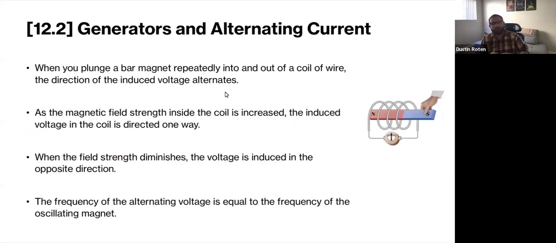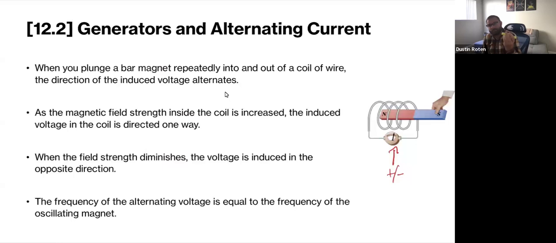All right. So hopefully this GIF is working here. But essentially, when you plunge a bar magnet repeatedly into and out of a coil of wire, the direction of the induced voltage alternates. You can see that here, we're going from a positive voltage to a negative voltage, and it's constantly alternating.